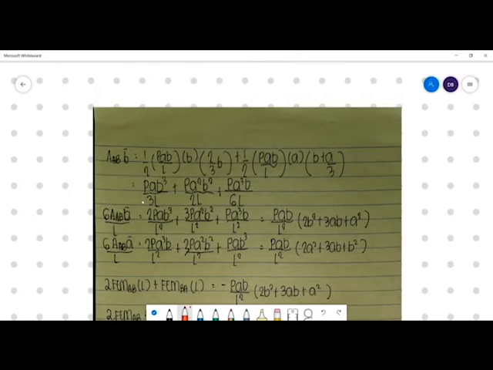If we simplify that, this will result to PAB cubed over 3L plus PA squared B squared over 2L plus PA cubed B over 6L.